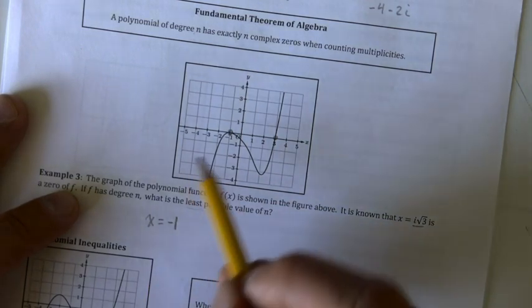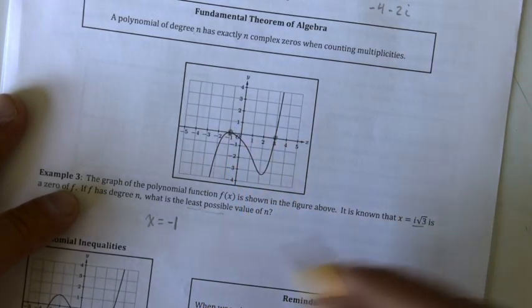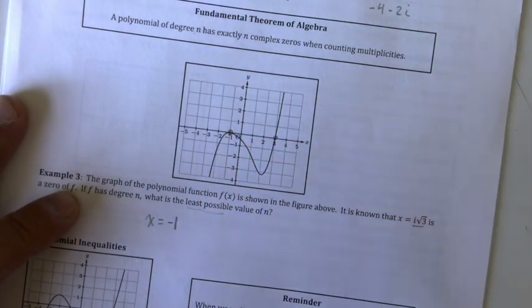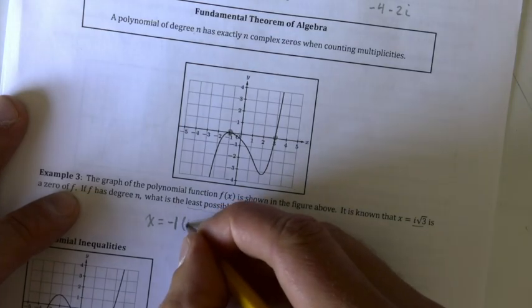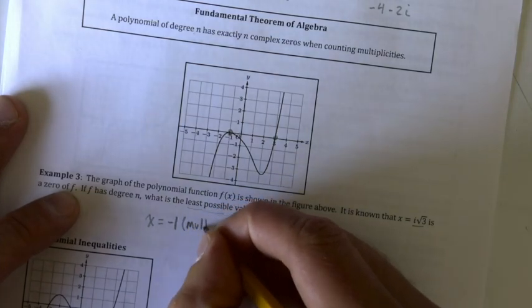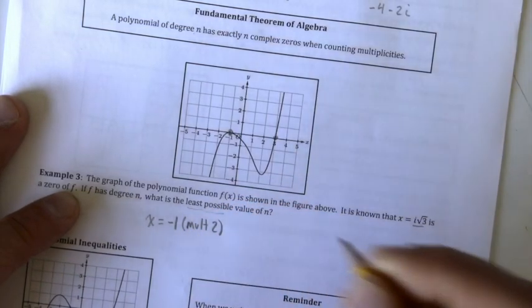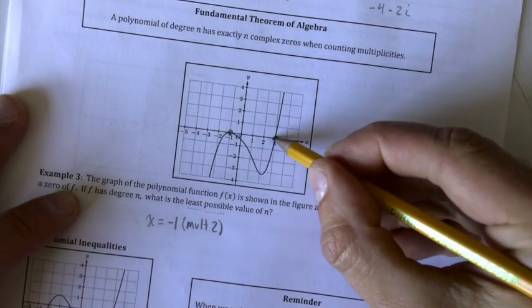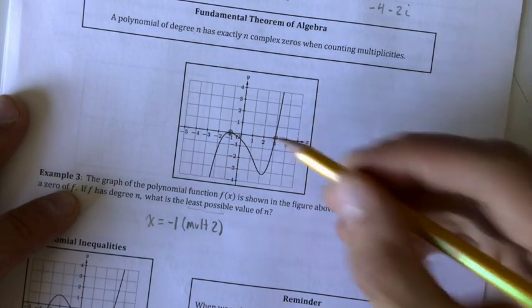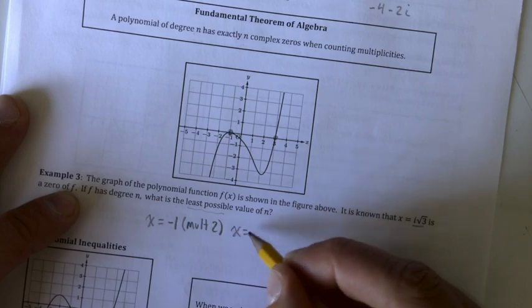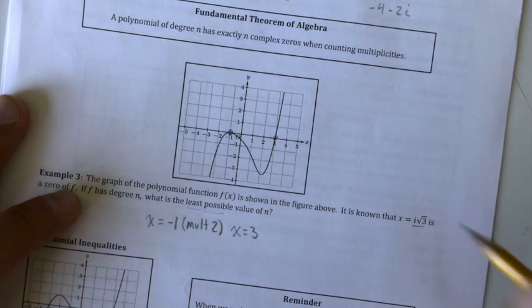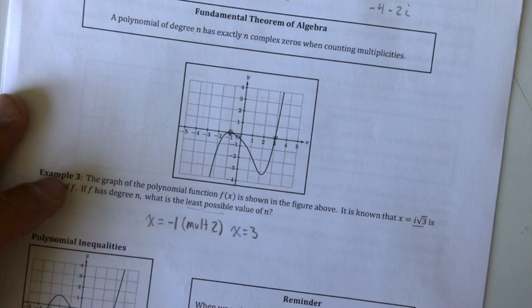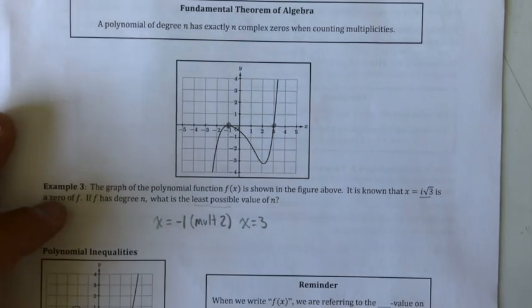I could say there might be 6 there, but I don't know. So I will stick with the least possible. So I'll say -1 has a multiplicity of 2. Then I also cross again here at 3. So x can be equal to 3. And that one passes straight through, so that's a normal root.